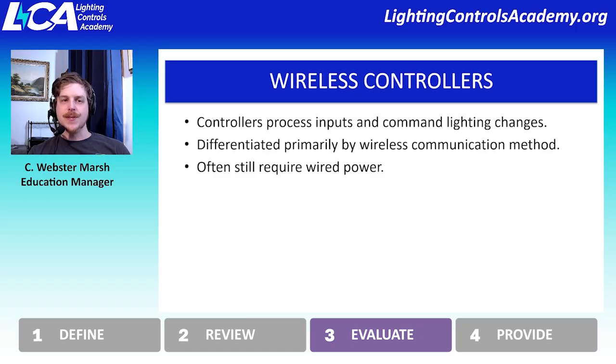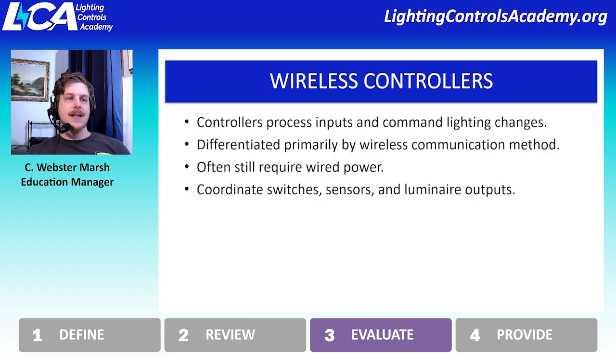Oftentimes, controllers are still going to need wired power of some kind, whether it's line voltage or low voltage. And so oftentimes you'll see controllers either with the line voltage power running to the fixture or attached to the fixture's power source. And so when we're really dealing with the controllers, we're trying to coordinate it with keeping in mind the sensors, the switches, and the luminaires outputs.